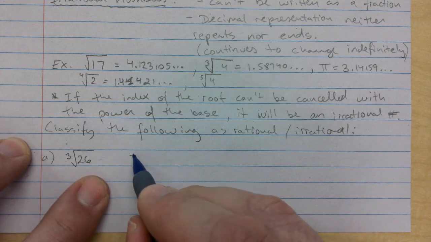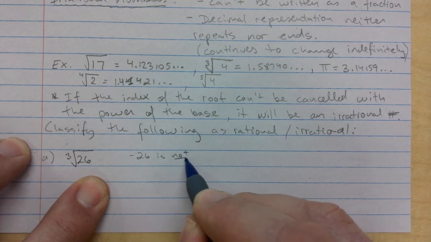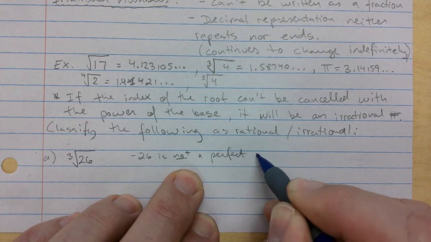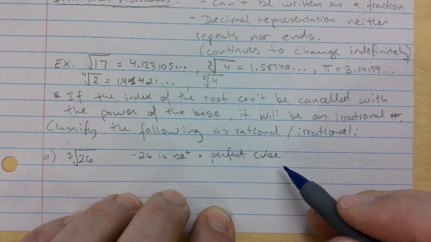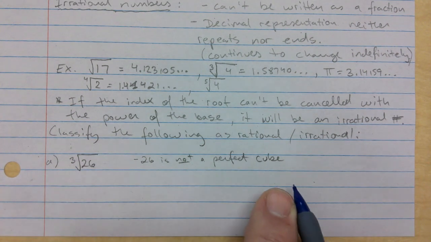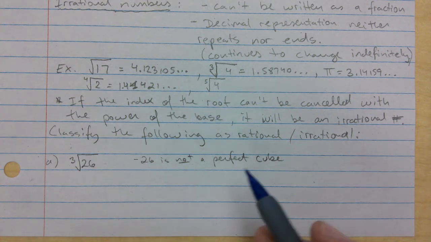Explain, right? Well, 26 is not a perfect cube, right? Notice that the index of this root is 3, so you need it to be a perfect cube. 26 is not a perfect cube. 27 would be, because that's 3 times 3 times 3, but 26 isn't.